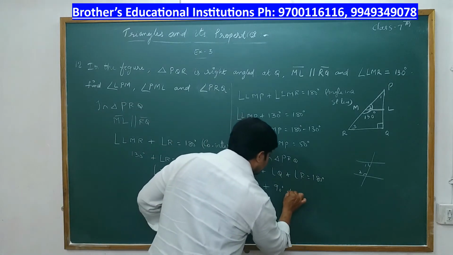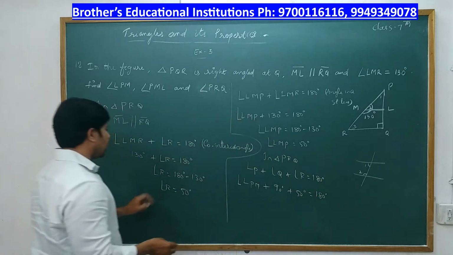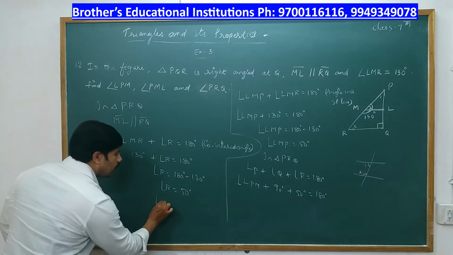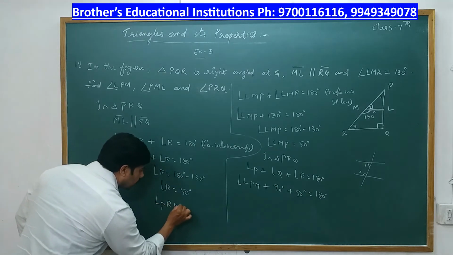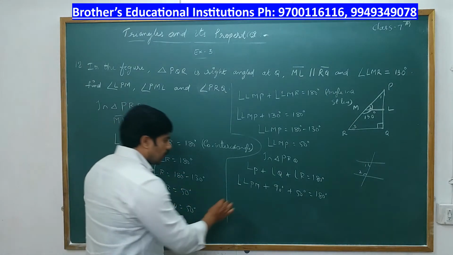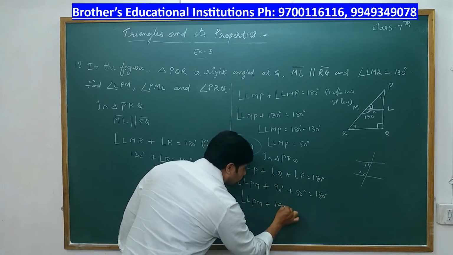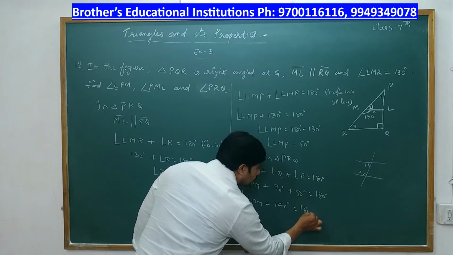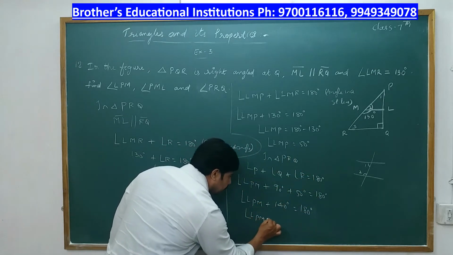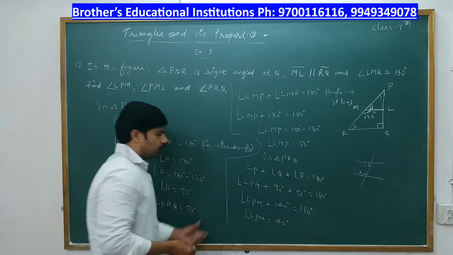So angle LPM plus 90 plus 50, that is 140 degrees, is equal to 180 degrees. So angle LPM is 180 minus 140, so it is 40 degrees.